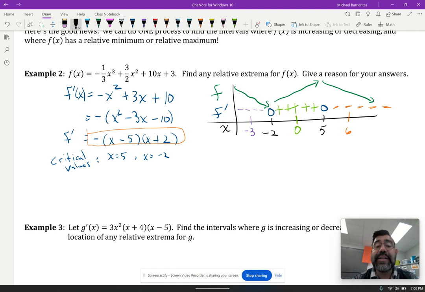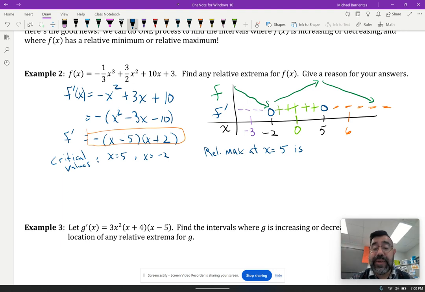It says find any relative extrema for f of x. So two things. Relative max at x equals 5 is, do I know what the max is? Well, I don't.